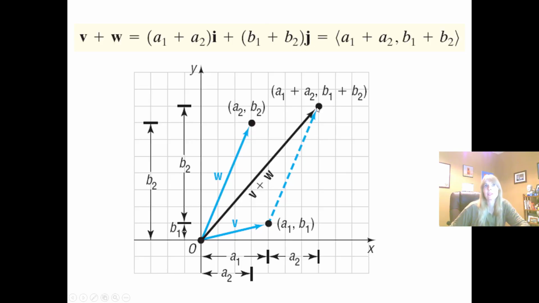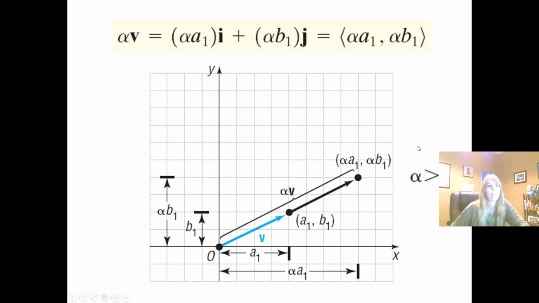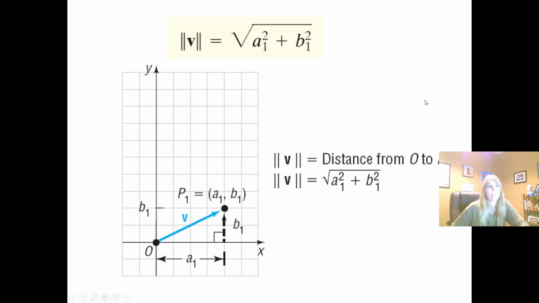Going the vertical distance gets me to that point. Same thing with a scalar here, scaling once again. So if I have a scalar and I start out with this position vector and I scale it in a horizontal distance and a vertical distance, then I end up with my scalar times my vector.